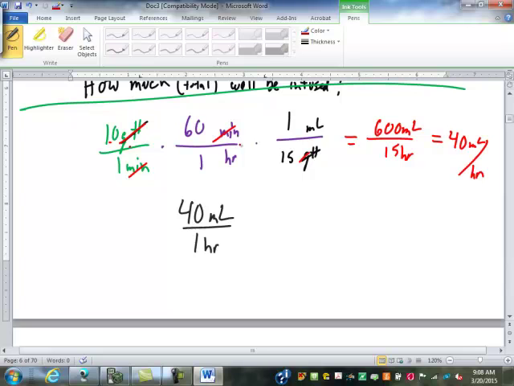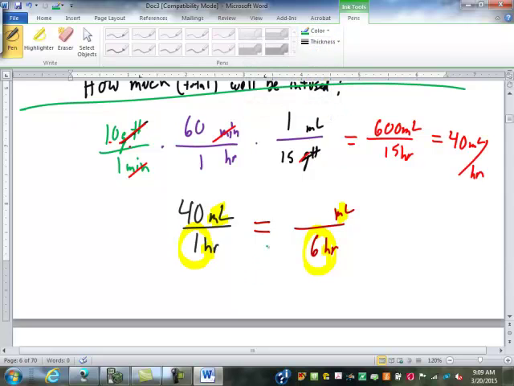If we ever hit a spot where we don't want to change the units, we just want to change the numbers, we have to use a proportion. Notice we want to know how many milliliters in 6 hours. We don't want to change any of the units. We still want milliliters in both, and we still want hours in both. We just want to change the number of hours. So in that case, the only way to just change the numbers without changing the units is to use a proportion.